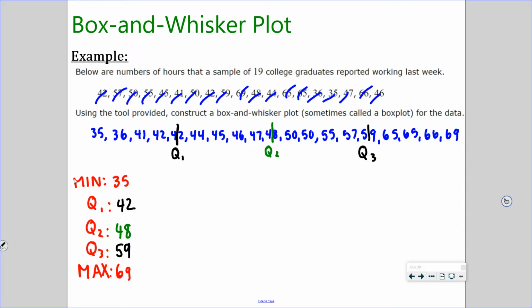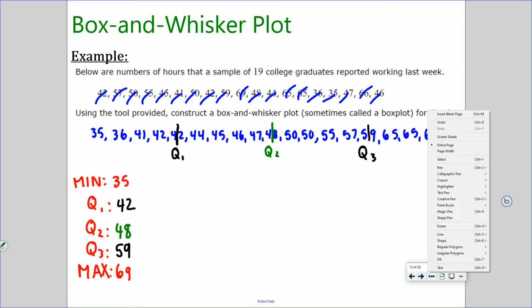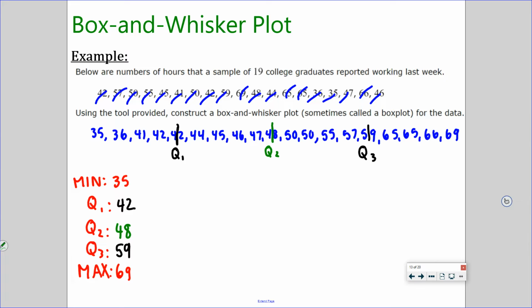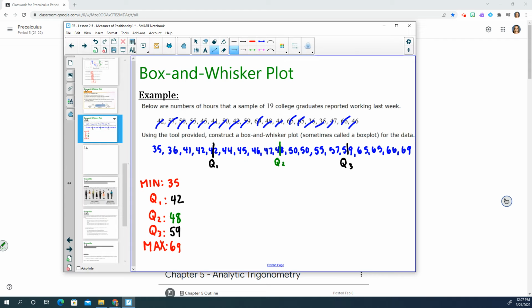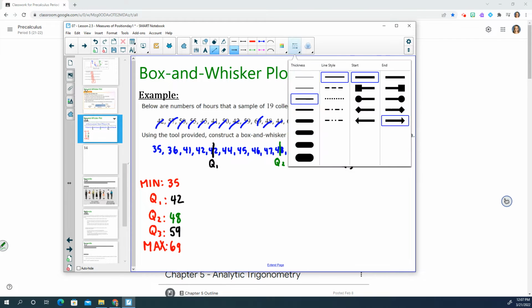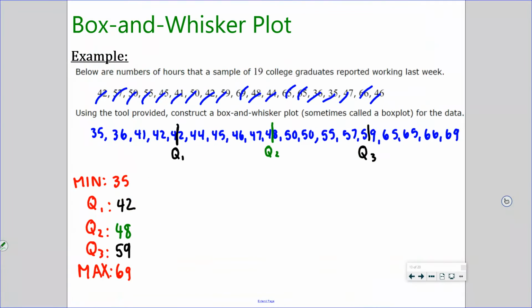Okay. So then from there, you just draw a horizontal line. I'm going to use my line tool, but you guys can use a ruler if you want to. I kind of want arrows on both ends, actually. There you go. So basically draw a horizontal line.